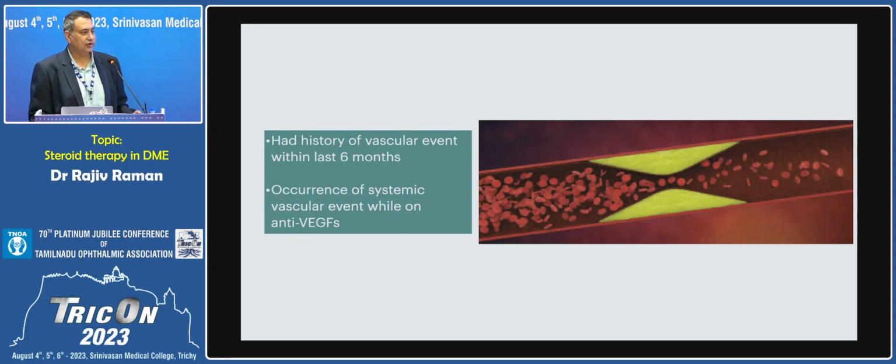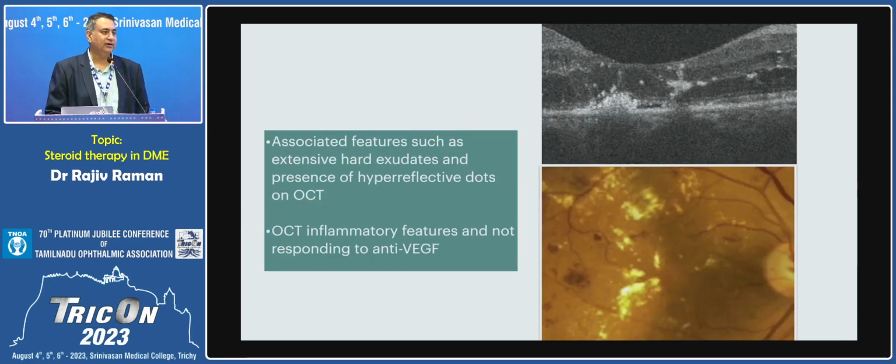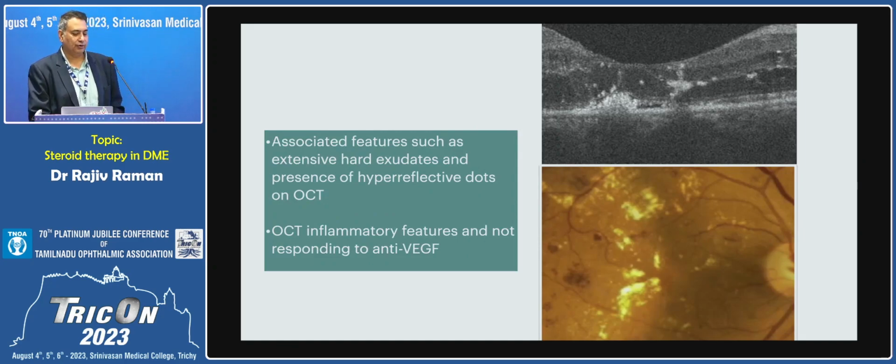If there is a history of vascular event, it can be a cerebrovascular or a cardiovascular event within the last 6 months, or if there is occurrence of a systemic vascular event while the patient is on anti-VEGF, again that's an indication where you should avoid giving anti-VEGF. Steroid plays a role.